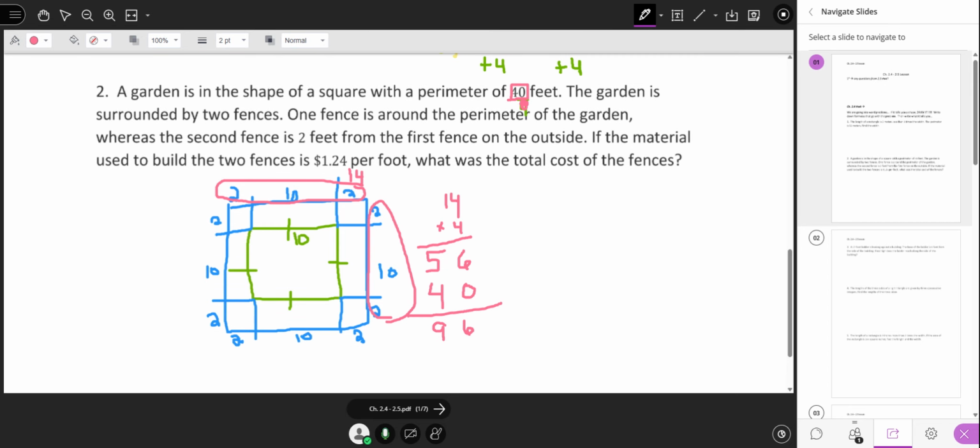Now I'm going to finish reading my problem. If the material used to build the 2 fences is $1.24 per foot, what was the cost of both fences? So I times that by $1.24. Of course, this problem was written a long time ago because 2x4s are not $1.24 a foot anymore.